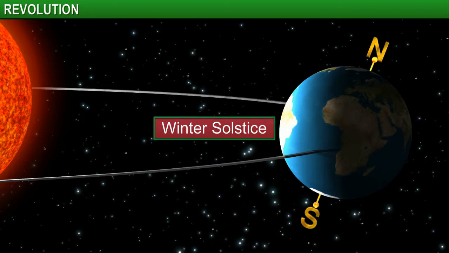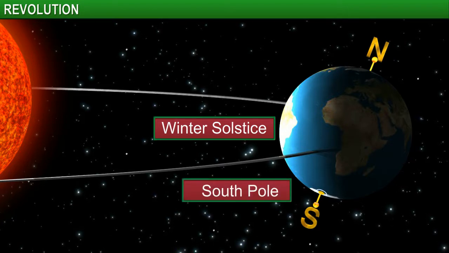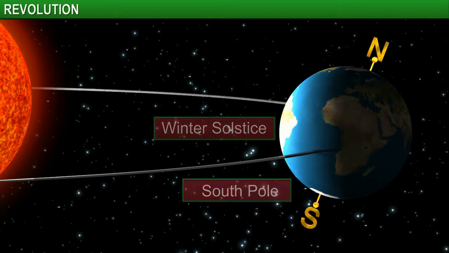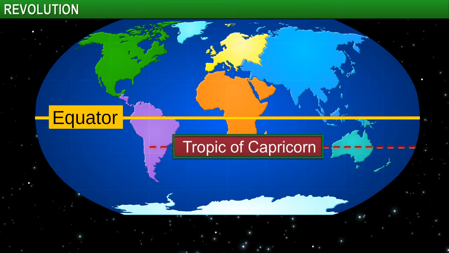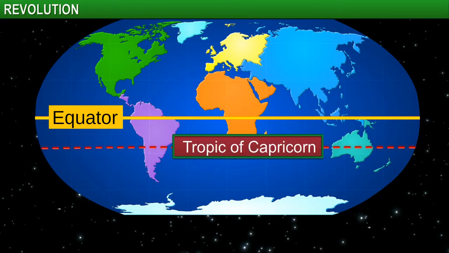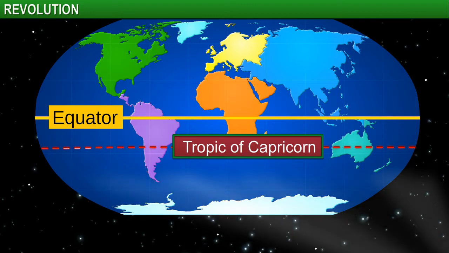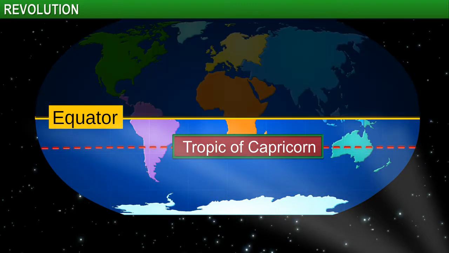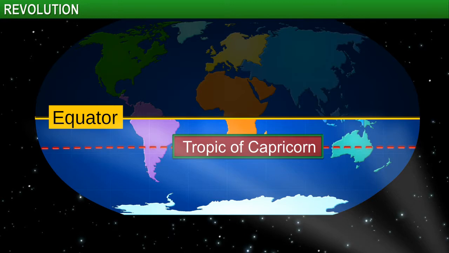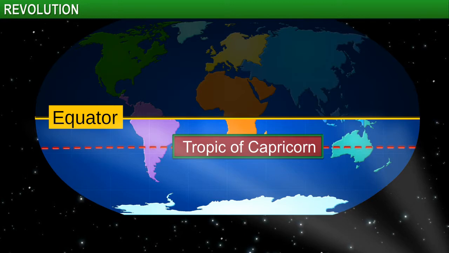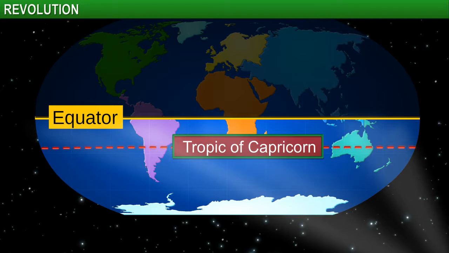This time, the South Pole is tilted towards the Sun. This area is the Tropic of Capricorn, which receives direct sunlight, and hence it's summer in the Southern Hemisphere. As you can guess, the Northern Hemisphere has less sunlight during this time.